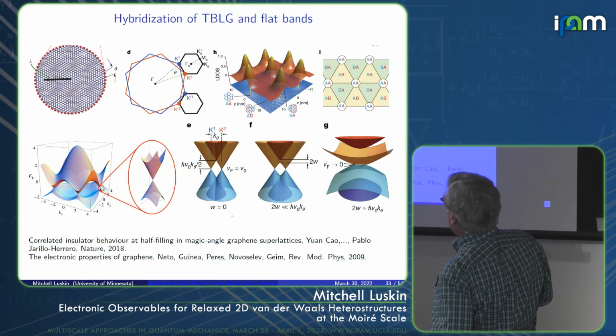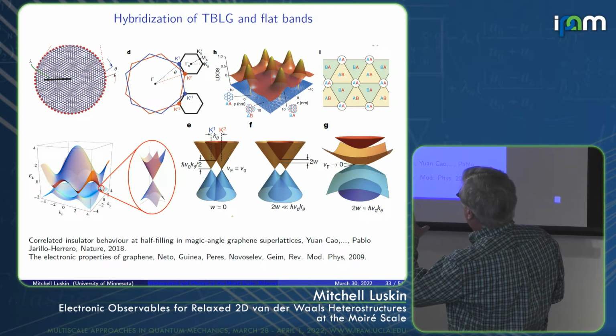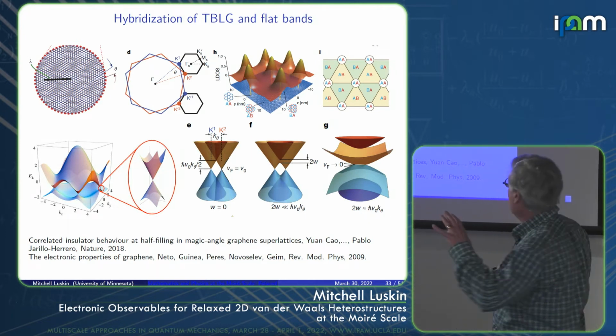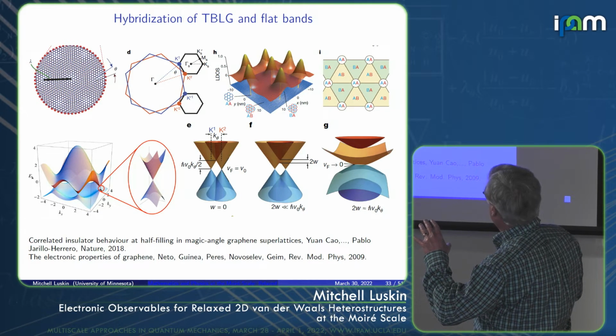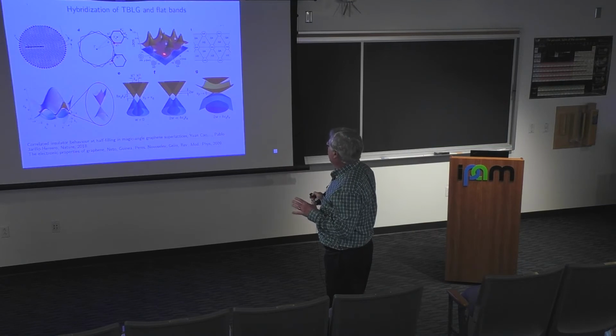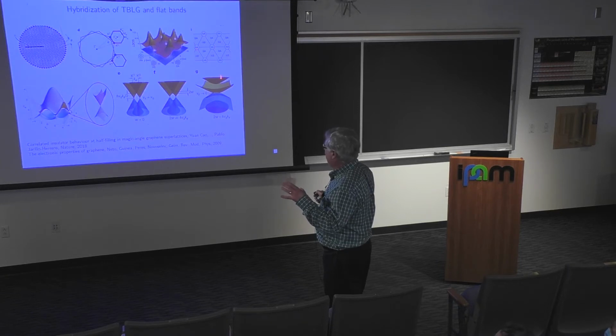This just shows twisting one layer on another by angle theta. This shows the twisting of the Brillouin zones, and this is the Brillouin zone of the Moiré actually, and then this shows the local density of states, and I showed you a picture of that, how it's highest at these AA points.